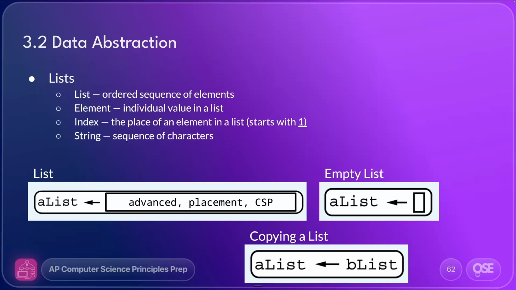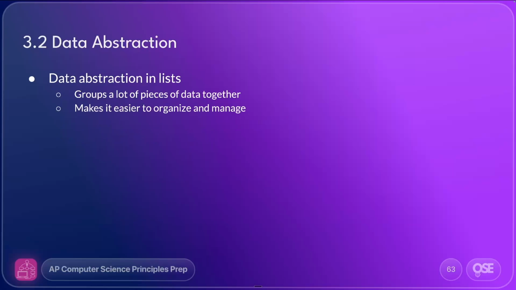So normally in programming, the first item is 0 index. In CSP, it's index 1, okay? Remember that. And then strings are sequences of characters. Why are lists data abstractions? It's because they group a lot of data together and make it easier to organize and manage individual pieces of data.